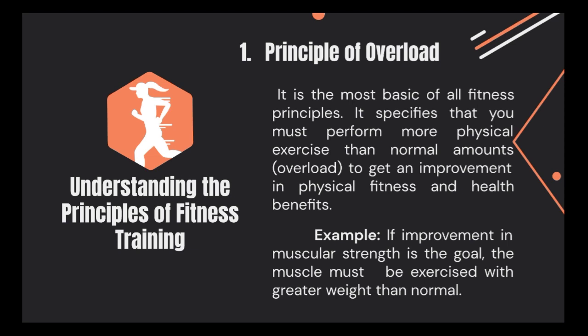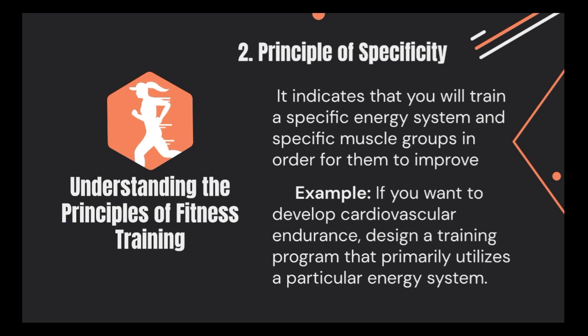It must be greater than normal. Second, we have the principle of specificity. The principle of specificity indicates that you will train a specific energy system and specific muscle groups in order for them to improve. For example, if you want to develop cardiovascular endurance, design a program that primarily utilizes a particular energy system.